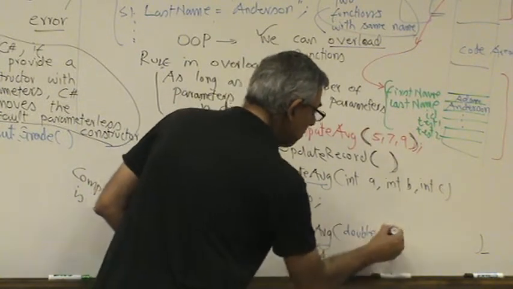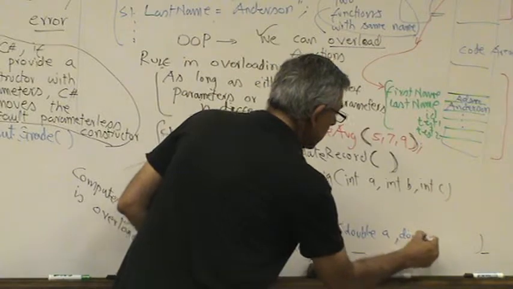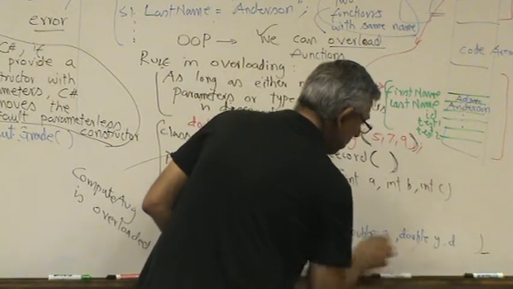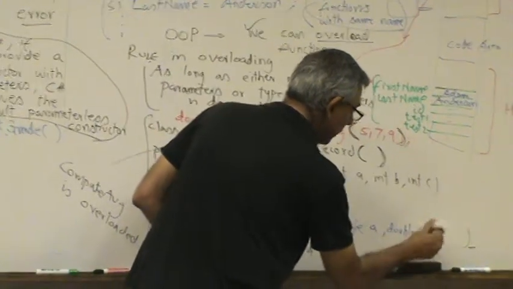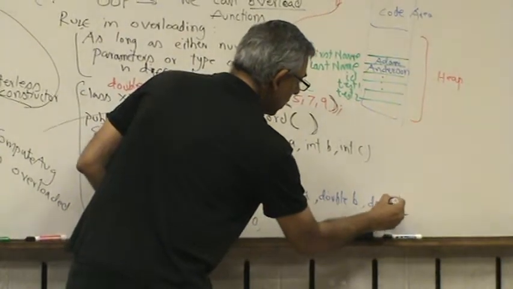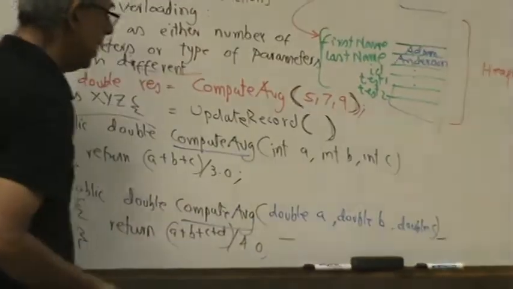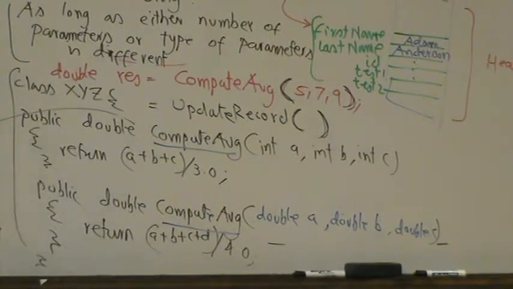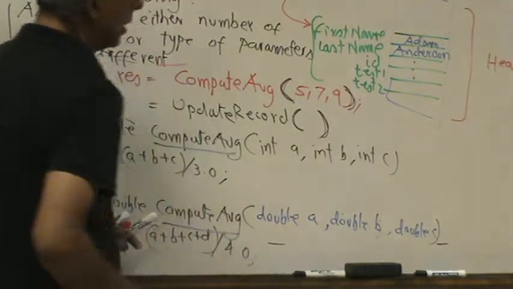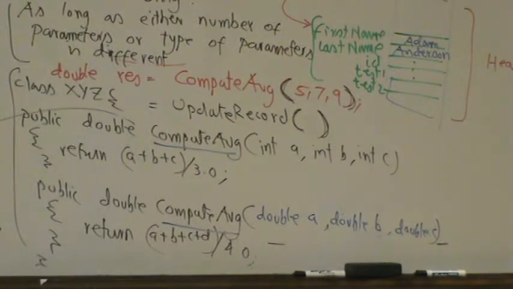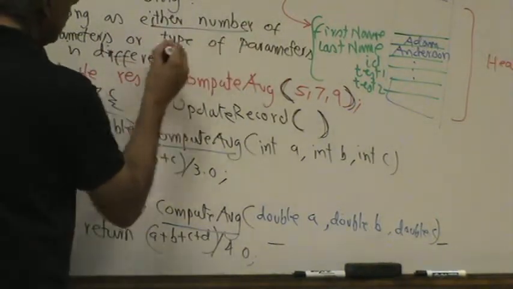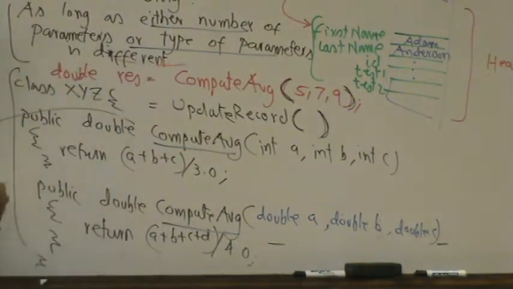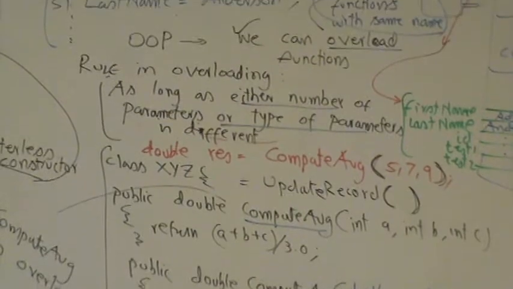It doesn't matter what name we give it. So now is it legal to have both of them be called computeAVG? Yes, because the type is different. Either the number or the type is different, so you can overload.